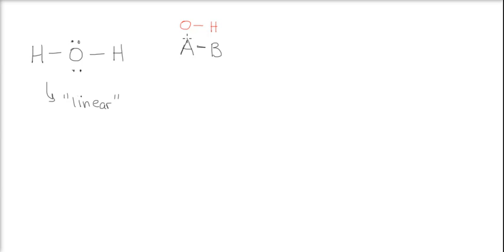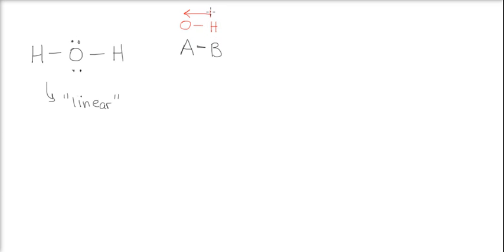Oxygen, being much farther to the right on the periodic table, is the more electronegative atom. The way we indicate bond polarity is with the use of an arrow. This arrow will always point in the direction of the atom that is more electronegative, in this case the oxygen atom.